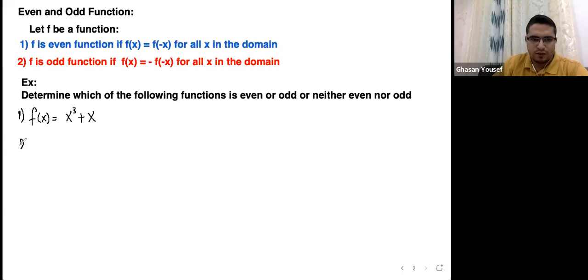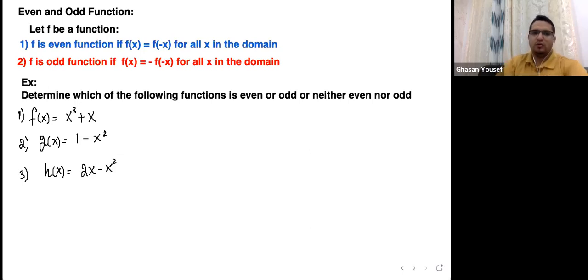For the second one, g of x equals 1 minus x squared. And for the third one, h of x equals 2x minus x squared. Okay, who will do the first one? In the beginning, I'm going to do the first one, and someone will do the second and third one.